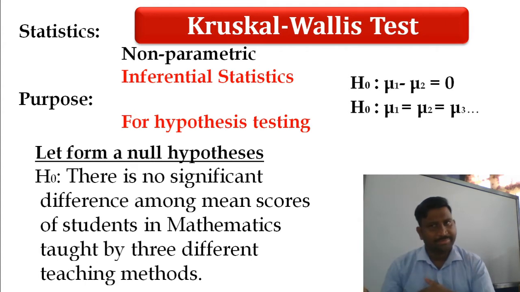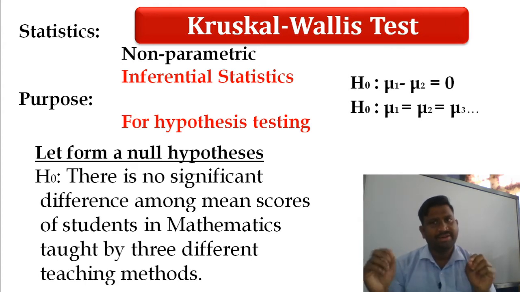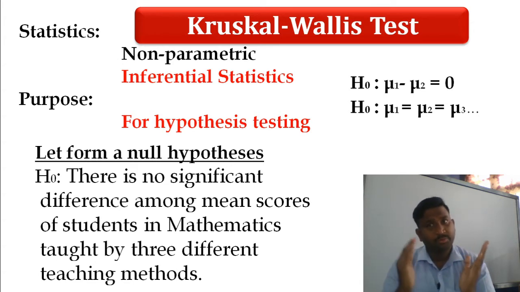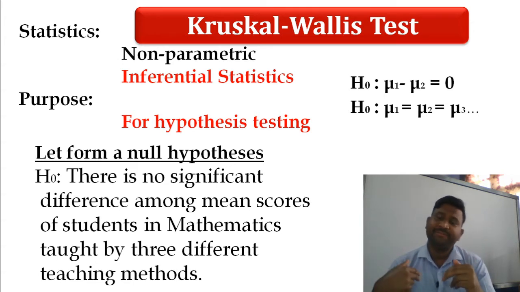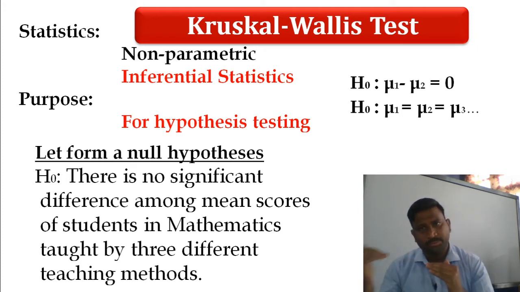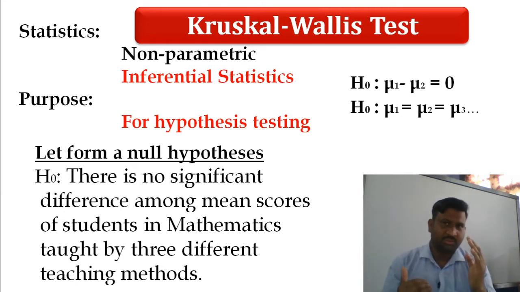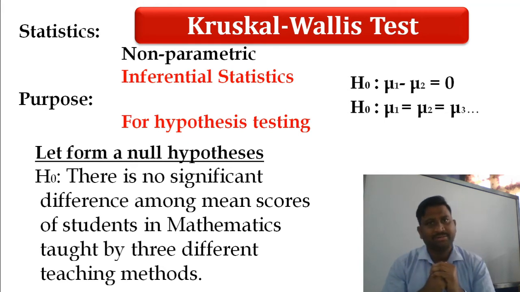If there is another mean, mu3, then mu1 minus mu2 is 0, mu2 minus mu3 is 0, mu1 minus mu3 is 0, meaning the difference of means, two at a time, is 0. The same thing can be represented as mu1 equals mu2 equals mu3, such that there is equal distribution, no variance among the mean scores. In this way we can represent the null hypothesis.